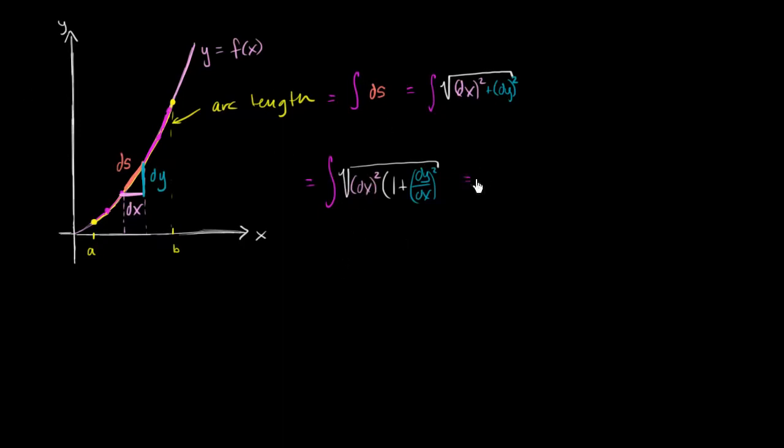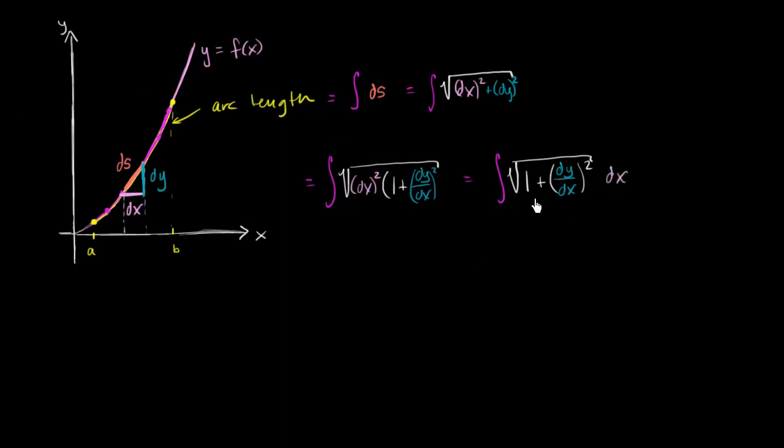So this is going to be the integral of the square root of 1 plus (dy/dx) squared, times dx. And this is interesting because we know what dy/dx is. This is the derivative of our function. And the square root of dx squared is just going to be dx.